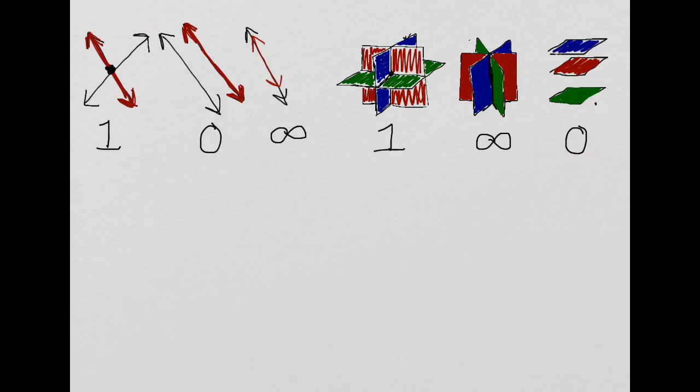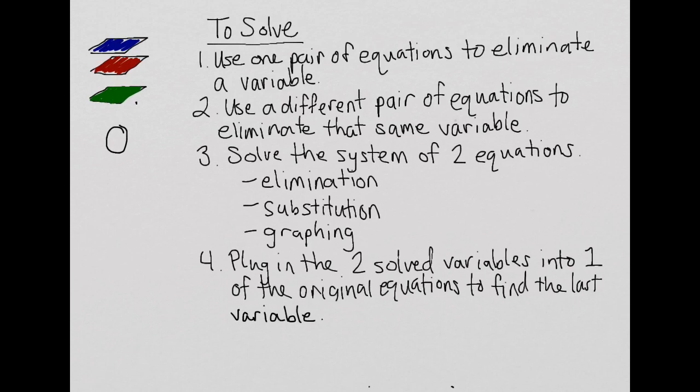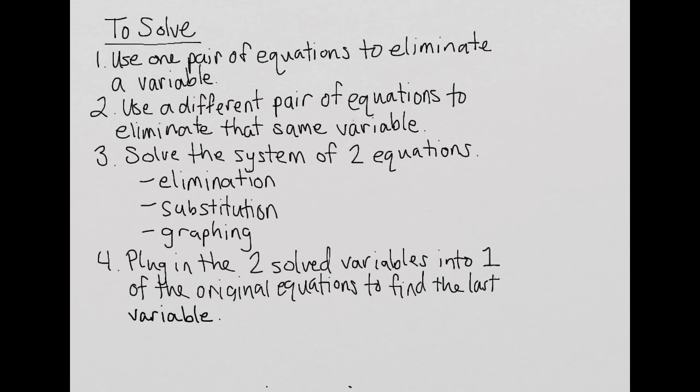So what are the steps to solving a system of three equations? We are going to use one pair of the original equations to eliminate a variable. So get rid of one of the letters. Then we're going to use a different pair of equations to eliminate that same variable. This is important. You want to eliminate the same letter each time you're doing this.